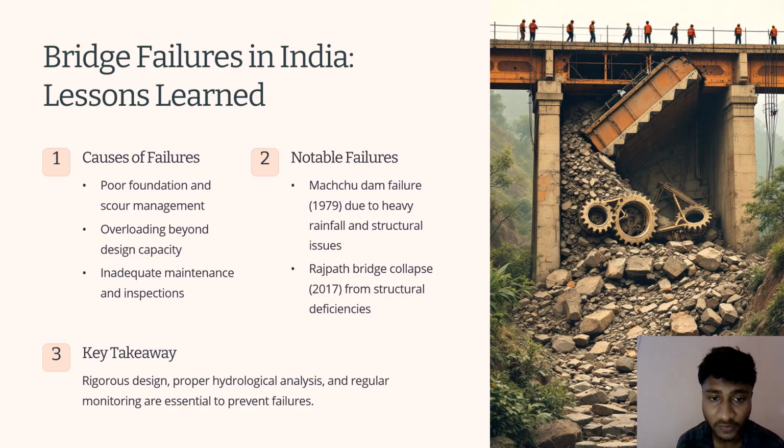Second, notable failures. Machchhu Dam failure 1979 due to heavy rainfall and structural issues. And second one is Rajpath Bridge collapse 2017 from structural deficiency. So the key takeaways from bridge failures in India are that rigorous design, proper hydrological analysis, and regular monitoring are essential to prevent failures.